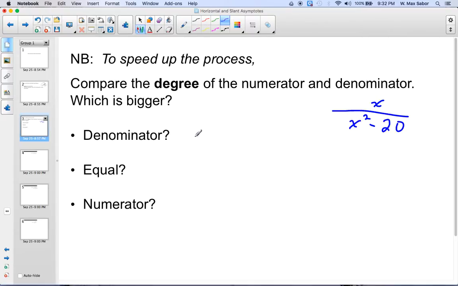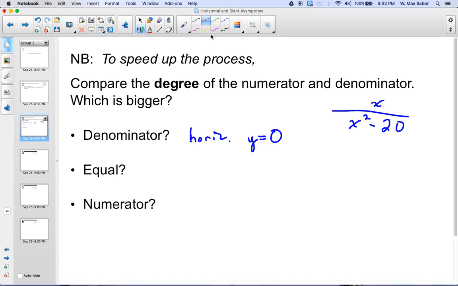So if the denominator is bigger, then the horizontal asymptote will be y equals 0. Every time, because if the denominator is bigger, then the numerator is smaller, and there's nothing to divide into. Not enough to divide into.